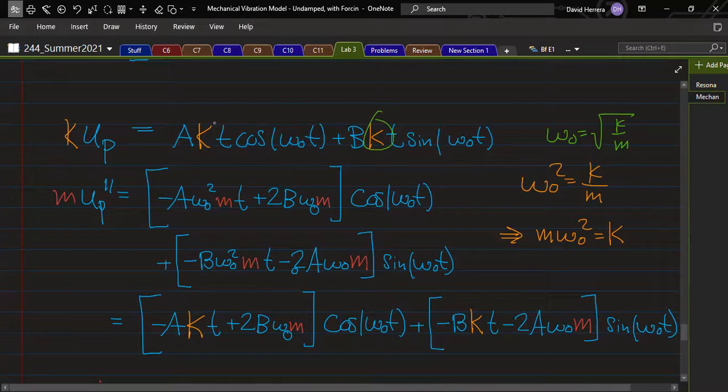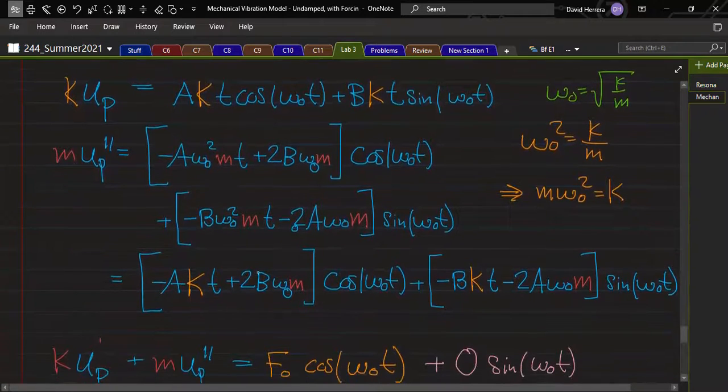That means this k here is actually m omega naught squared. So I look here and I say, oh, here's an m omega naught squared, and here's another one. So I'm going to rewrite this, inserting k, because there's a k up here and I hope that there's going to be some cancellation. So I rewrote that here. This has been made a k here, and this has become this k here.